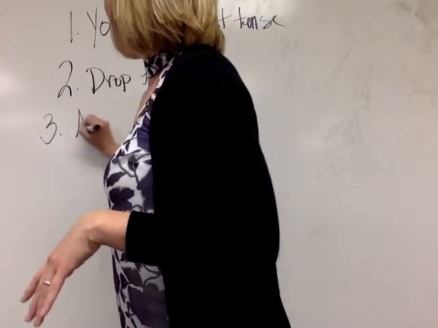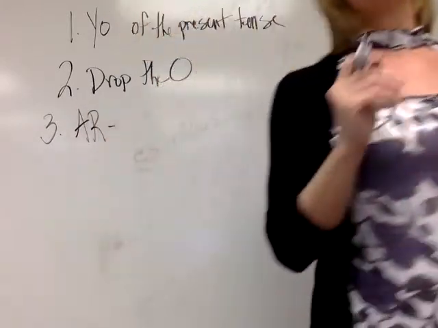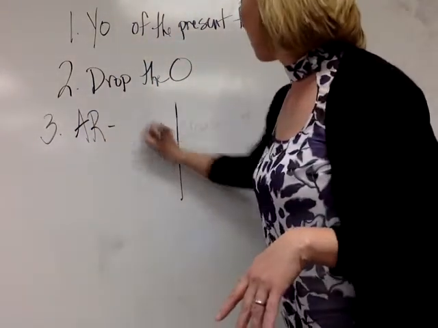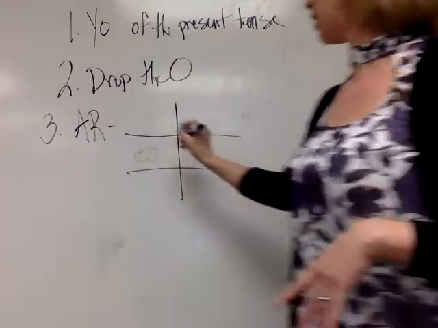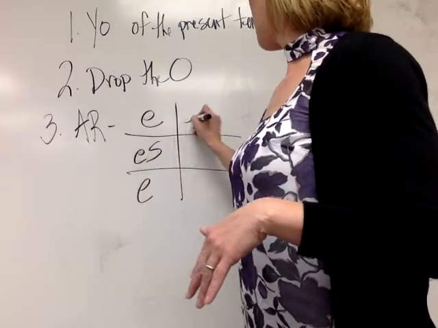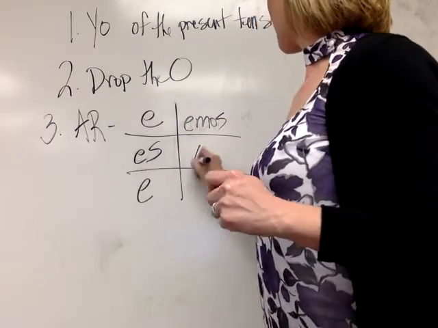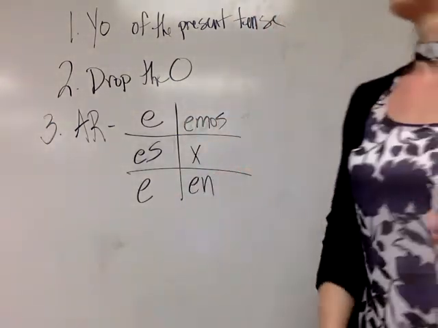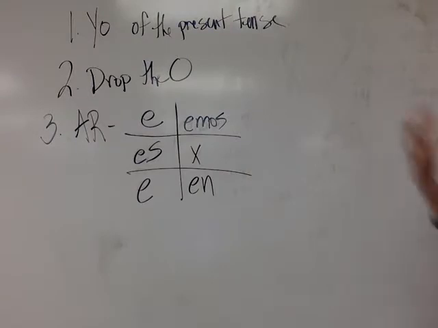So if it is an AR verb, the subjunctive endings are going to be, and you can probably see on the board already, e, es, e, emos, en. Basically, it's switching endings. We're used to an AR verb being o, as, a, amos, an.